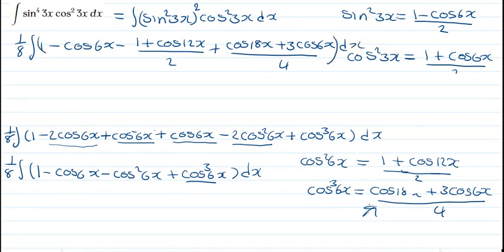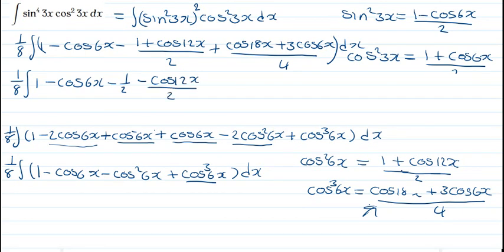With this we can simplify, meaning we're going to have 1 over 8 integral of 1 minus cos 6x. Then when you split this part, we're going to have negative 1 over 2 minus cos 12x over 2.